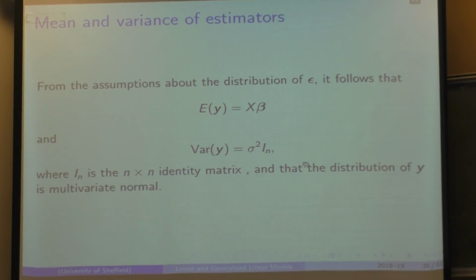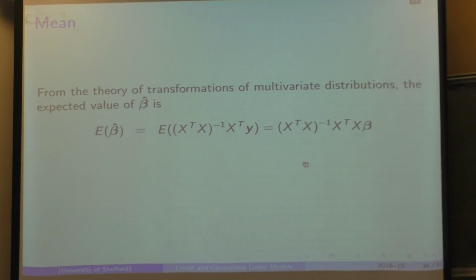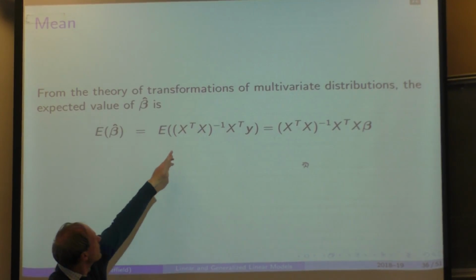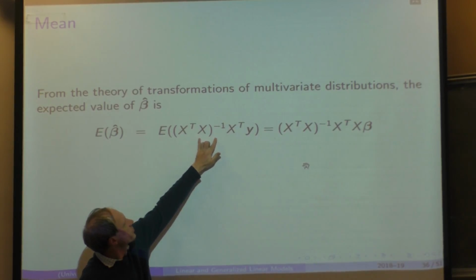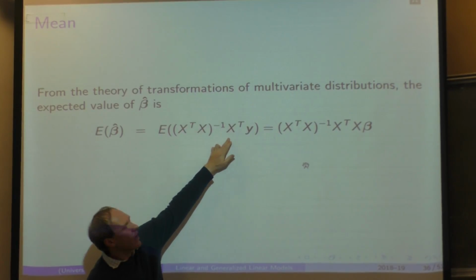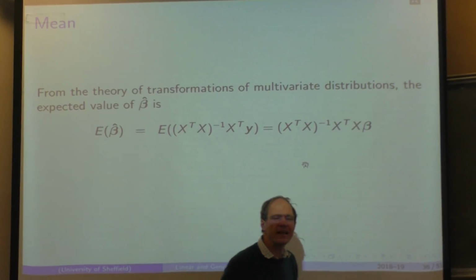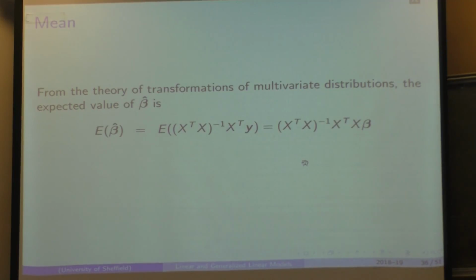Okay, so that's a starting point. The other thing that we're going to need is the formula, which I was proving on these boards here, for the least squares estimators in terms of y. Okay, so we saw that beta hat can be written as x transpose x to the minus 1 times x transpose times the vector y of the data points.